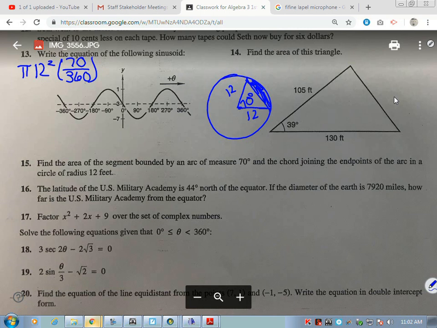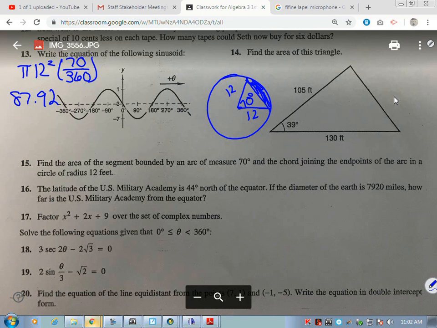You get 87.96. I got 87.92, but there could be a difference between using the symbol pi and using 3.14. You got 9.6? Okay, it's not that far off. All right, so that's the first step. We're going to hold on to that.